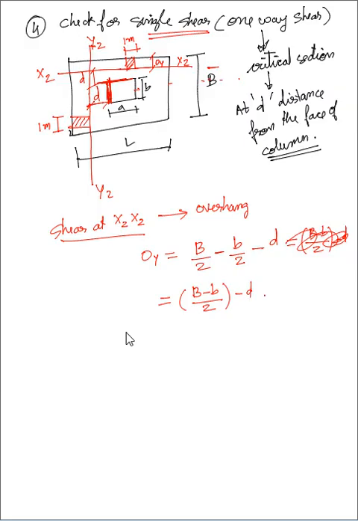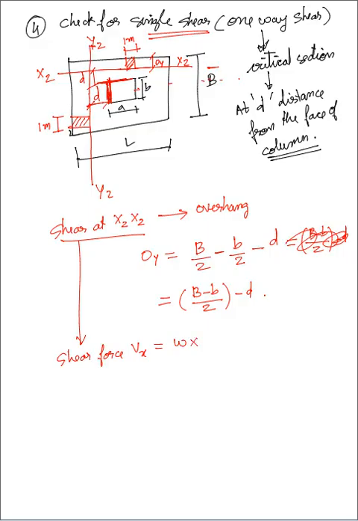So now what will be the shear force? Shear force Vx is equal to, see here I am not supposed to find out moment, I am just finding out the shear force. So basically it will be the area of this strip multiplied by the load. So the load is small w, and what is the area of this strip?